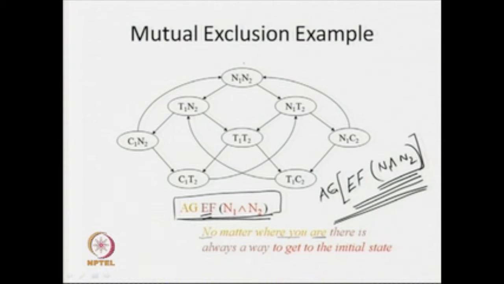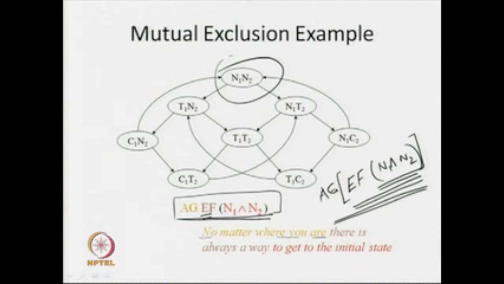Here we are thinking that this is my initial state, which is why I said that in the initial state N1 and N2 must be true. So, no matter where you are, there is always a way to get to the initial state.